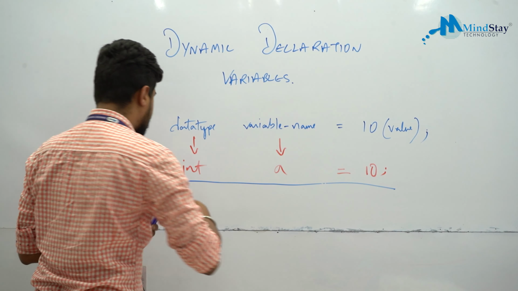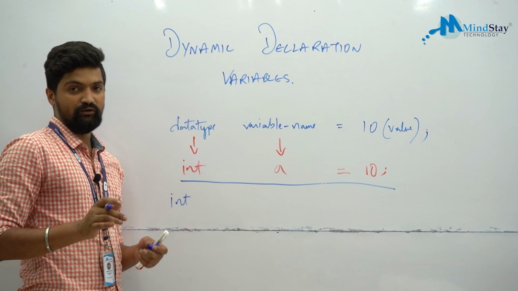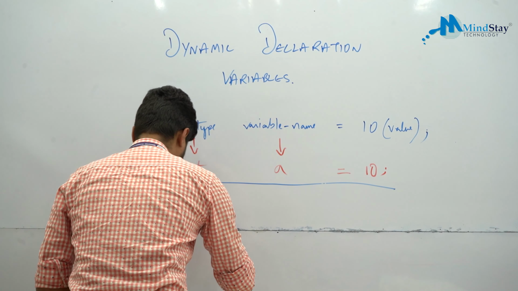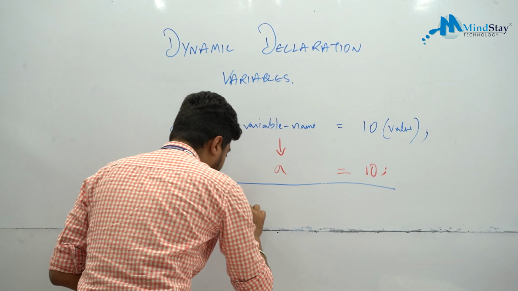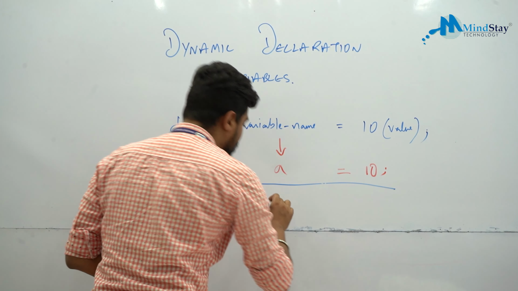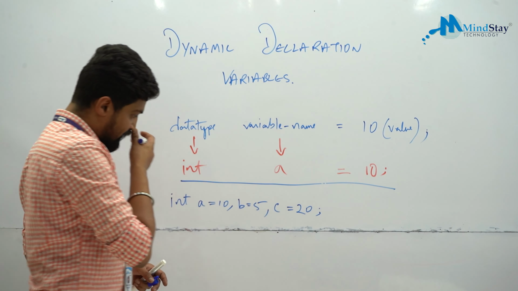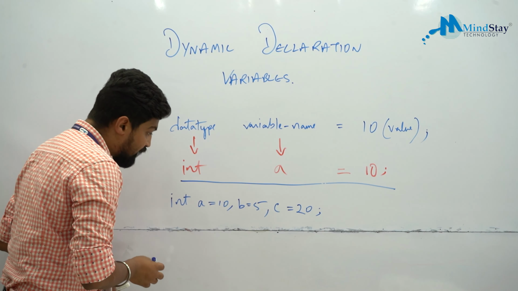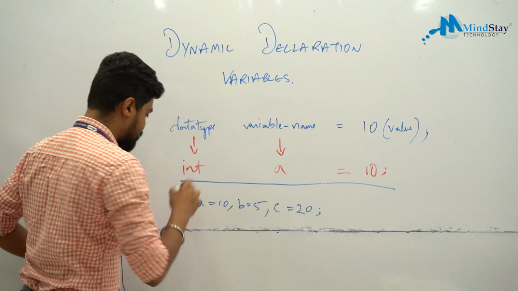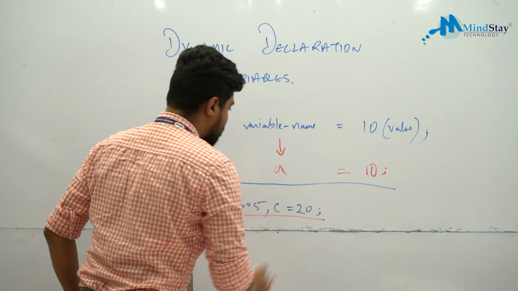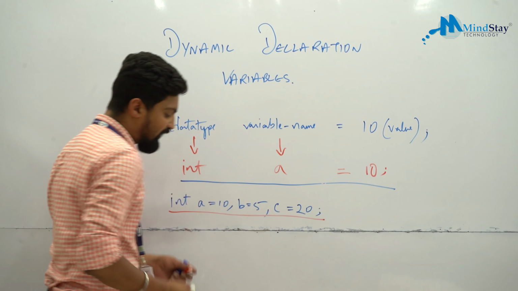Now you can also do one thing. In a single line, you can actually create a lot of variables. Let us say int A is equal to 10, then I just give a comma, B is equal to 5, I give a comma, C is equal to 20, and a semicolon. So here I am declaring three variables in a single line and assigning them with some values.